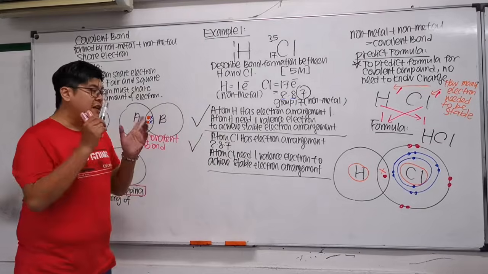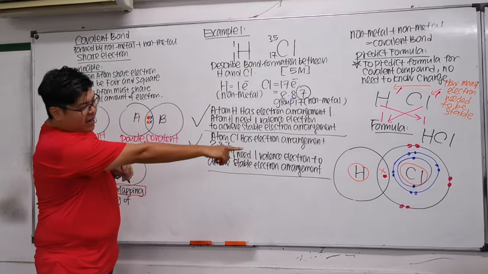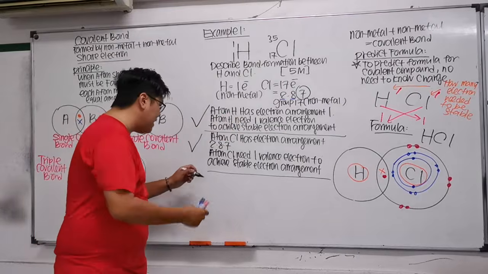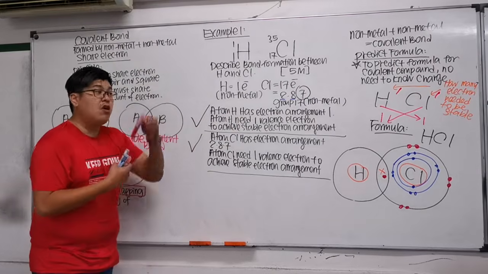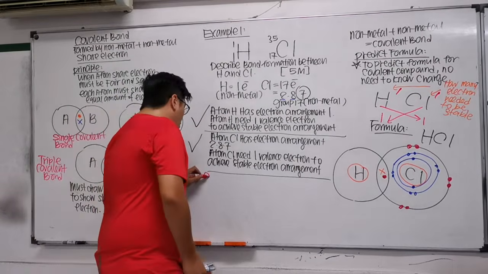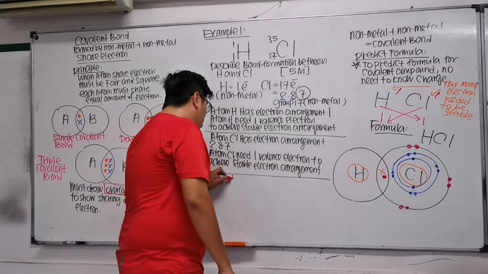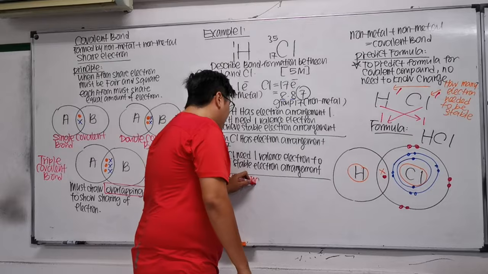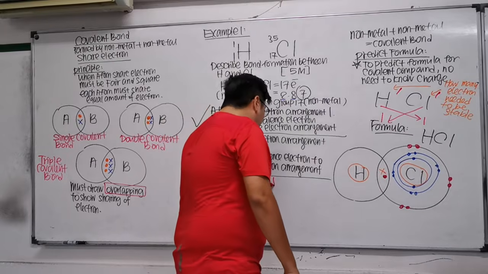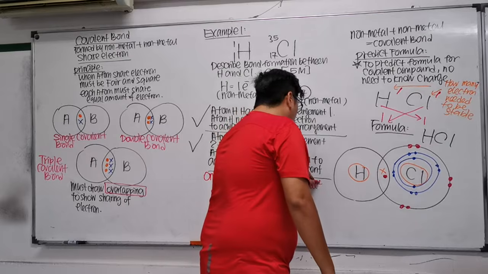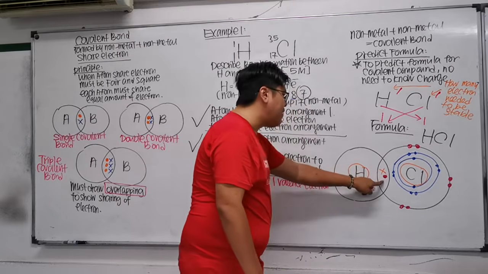Okay, learn this. How many H do you see there? 1. How many chlorine do you have there? 1. Learn this, guys. This is important. Hydrogen atom will share 1 valence electron.